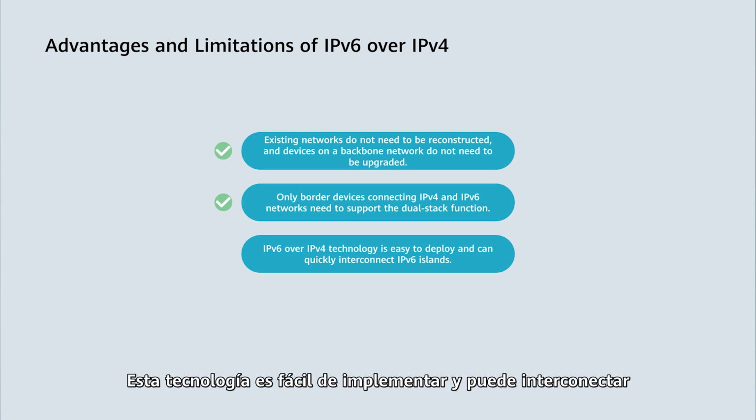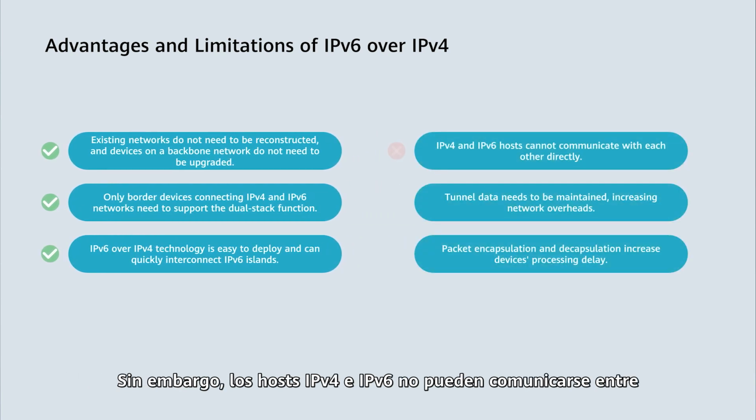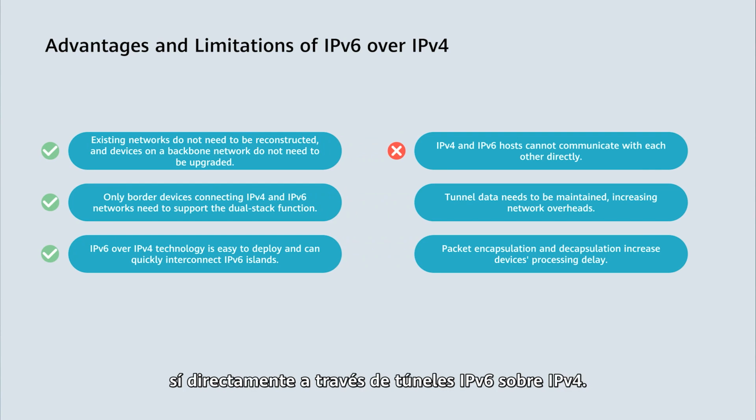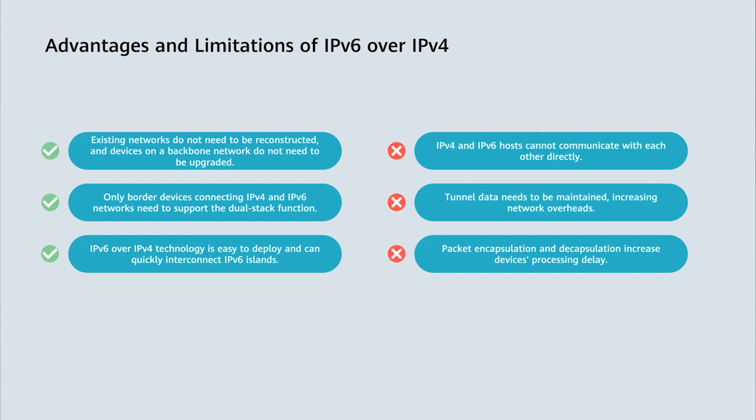This technology is easy to deploy and can quickly interconnect IPv6 islands without high requirements on the backbone network. However, IPv4 and IPv6 hosts cannot communicate with each other directly through IPv6 over IPv4 tunnels. In addition, tunnel data needs to be maintained, which increases network overheads. Packet encapsulation and decapsulation increase device processing delay, potentially degrading network quality.